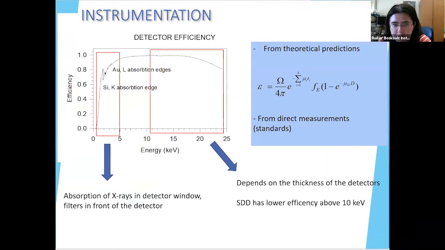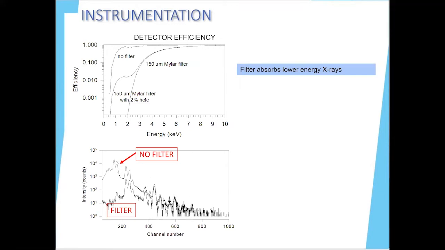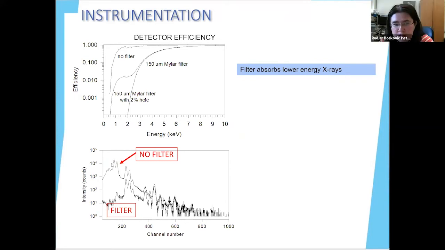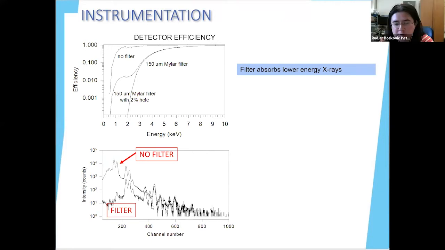Because the problem is that you don't have to cut it completely. For example, in this case you are interested in trace elements, and these peaks are very high, and they will produce pile-up in this region. So you will have artificial peaks that are not your element and will create problems.